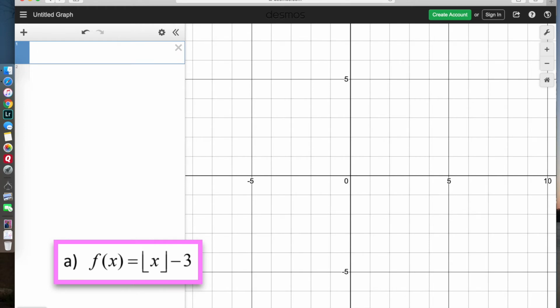So in number 10A and B, I hope I have been able to figure out a way to incorporate the equation at least from the worksheet into the video that you're looking at of the graph. And I think it's especially important for this one because in Desmos, there's not a way to type the notation of the floor and ceiling functions the way that they are given on paper.